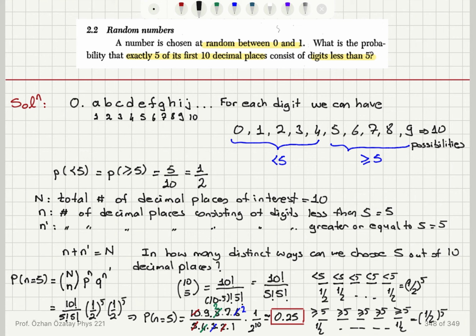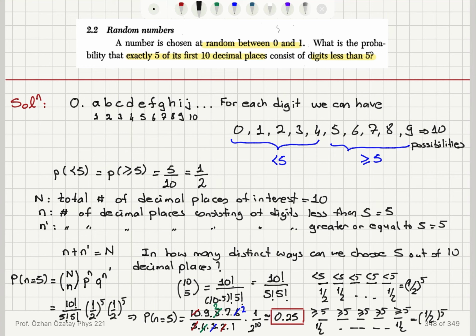And what is the joint occurrence of both the first 5 that we have picked having a value less than 5 and the second 5 having a value greater or equal to 5? That is the product of the probabilities, 1 over 2 to the power 5 and 1 over 2 to the power 5. So that's basically giving us the binomial distribution.